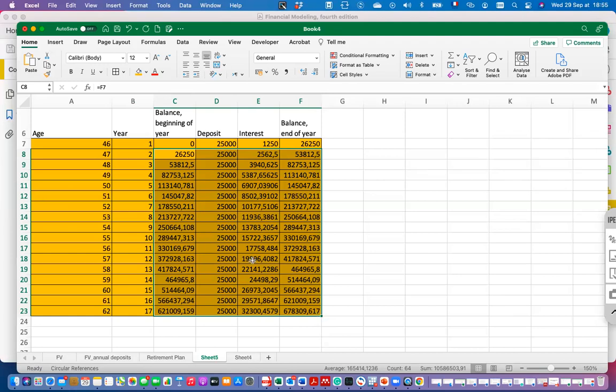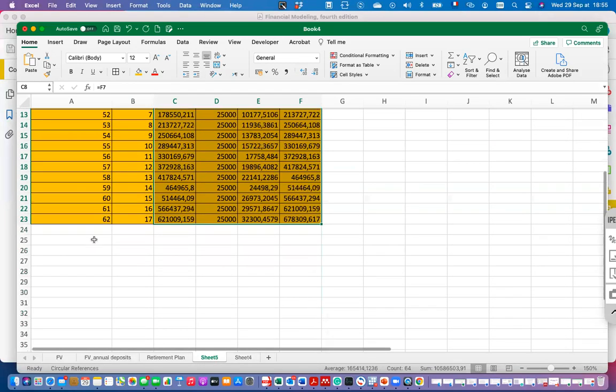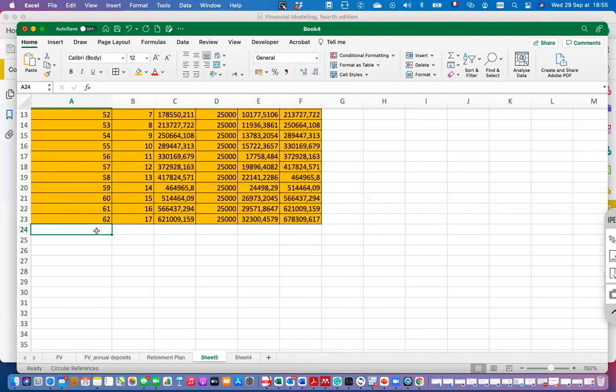So by depositing $25,000 each year, I will get $678,309 by the end of my professional career. Now I will start my retirement, at age 63, then 64. I will put this one in green color.